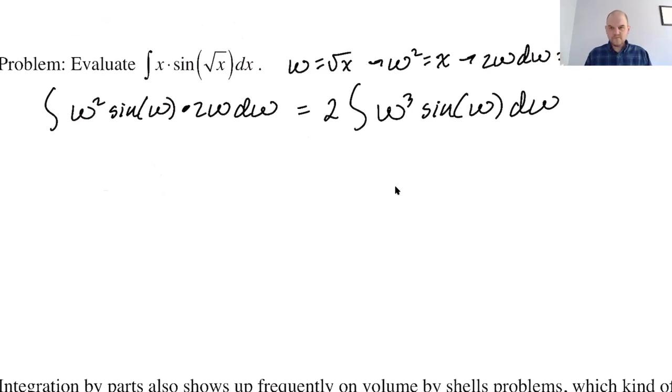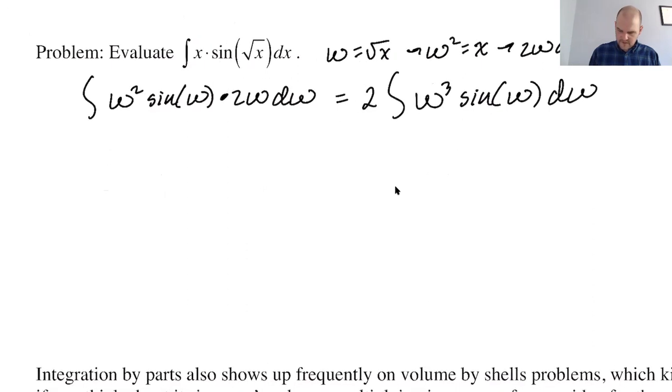This is a classic table problem. You know you're going to have to do integration by parts more than once. You know that the derivatives of w cubed are super nice and they're going to work for you. Table problem. So let's say that u is equal to w cubed, dv is going to be sine of w dw.